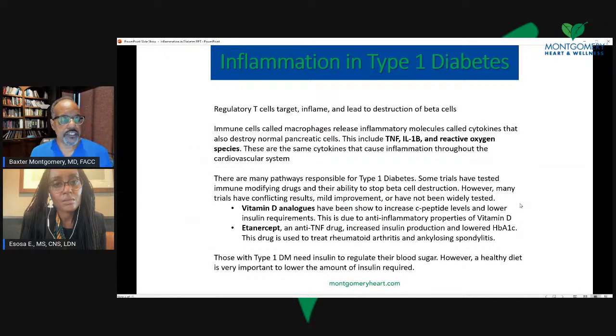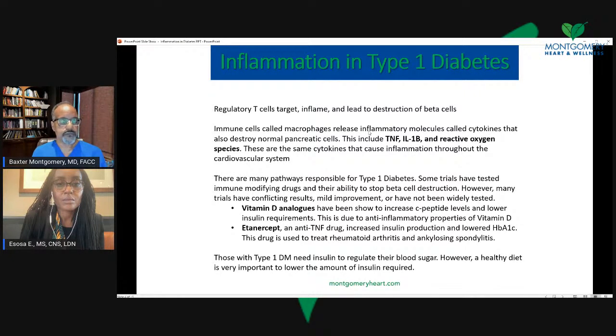So, inflammation in type 1. What I want to share with you is that immune cells called macrophages release inflammatory molecules called cytokines. If you saw the talk we did on inflammation of the heart, you may remember some of these terms, cytokines for instance. These cytokines are signaling molecules that trigger more inflammatory responses.